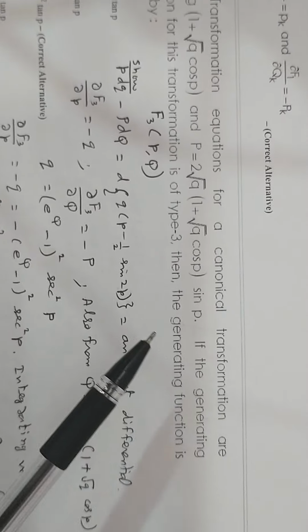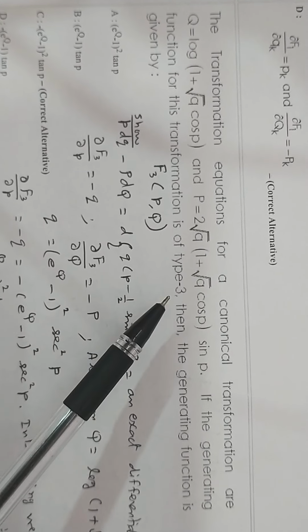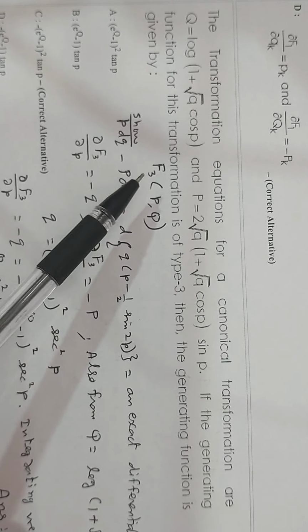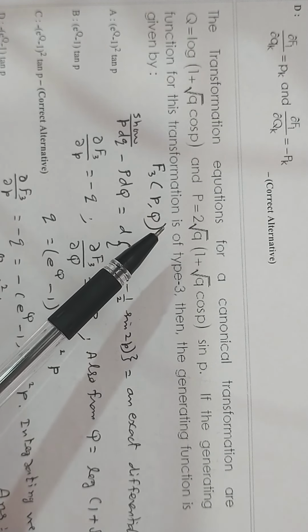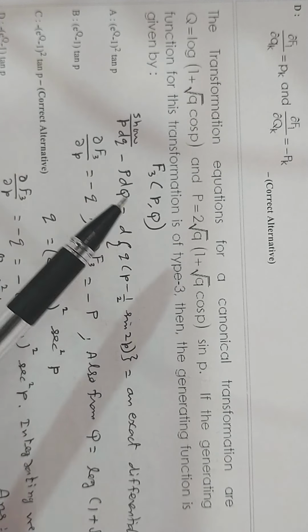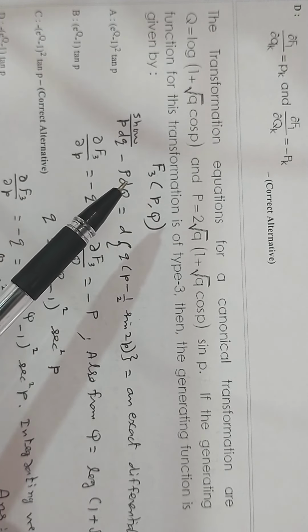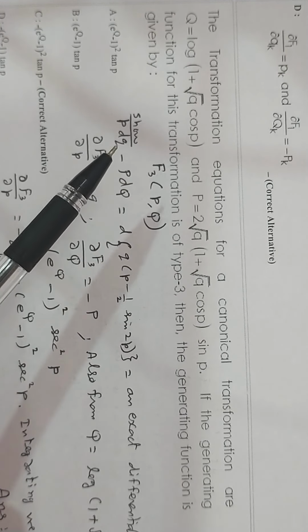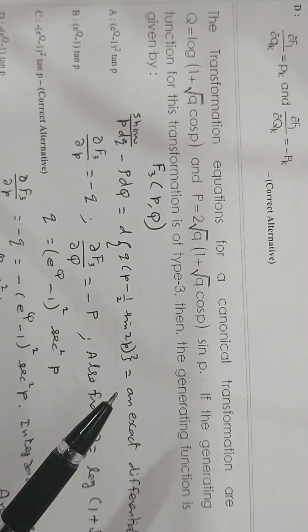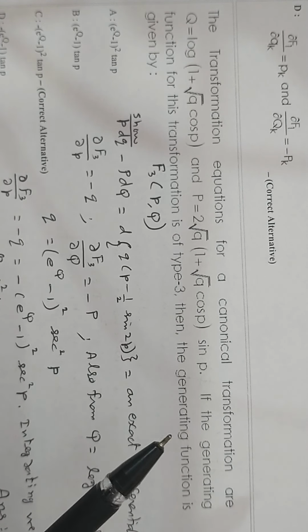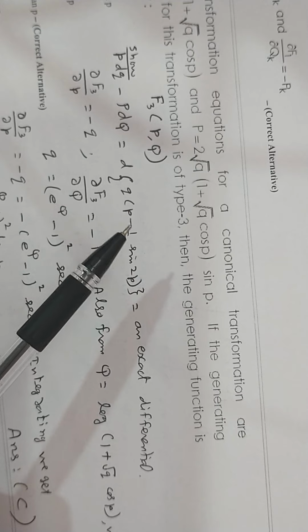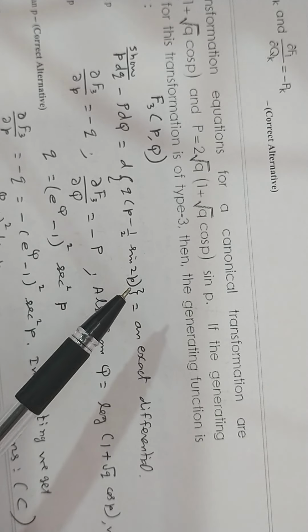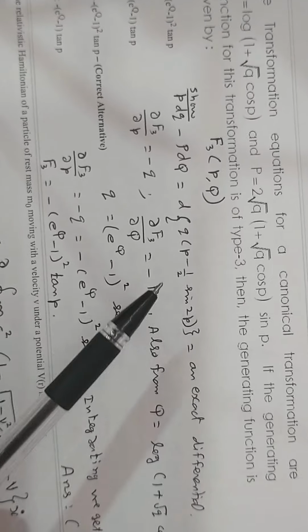If the generating function for the transformation is of type 3, type 3 is F3, a function of small letter p and capital letter Q. Now here first you have to show that p dq minus P dQ must be an exact differential, if it is a canonical transformation. We can easily show that this is d of q into p minus half sin 2p. So this is an exact differential.